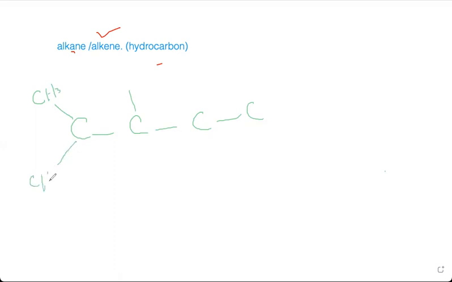Now, how are you going to give the name to the chain? You will not say that there are 2 methyl groups attached. No. Whenever you are naming the chain, first you have to pick the longest chain. First you have to check what your chain is.